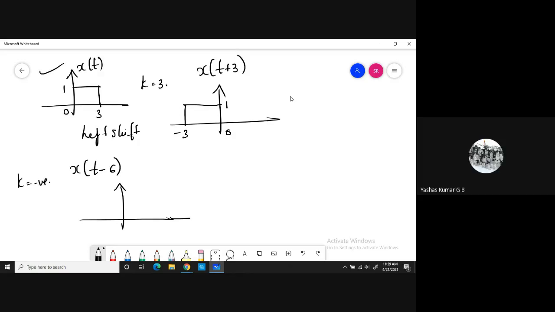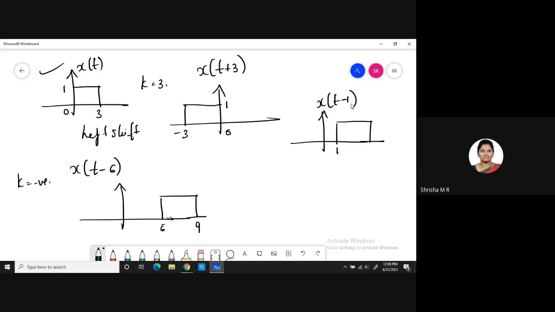So 6 to 9. Yes. The signal will start from 6 and it will stop at 9. Correct. So if it is x of t minus 1, the signal will start at 1 and it will stop at 4. Correct. Clear, everyone?